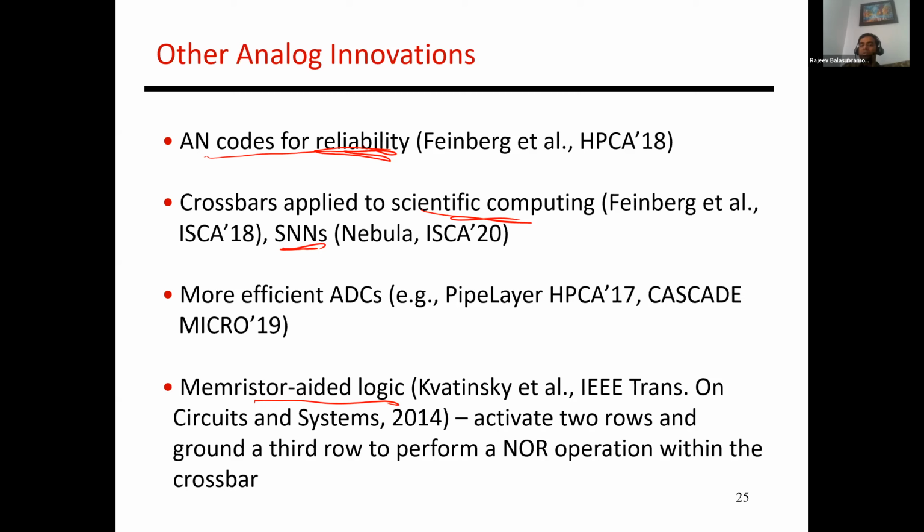There was this approach from Feinberg et al., which essentially said that when you're doing these operations, let's start by multiplying all the weights by some number, let's say 17. And now when I do my dot product operation, if all the weights have been multiplied by 17, the final result that I get should also be a multiple of 17.